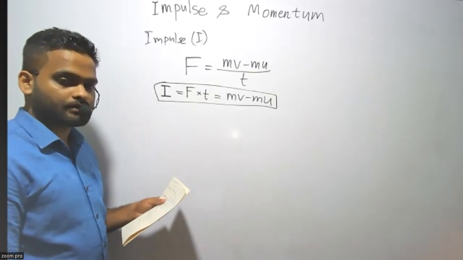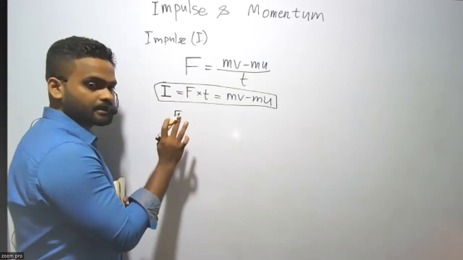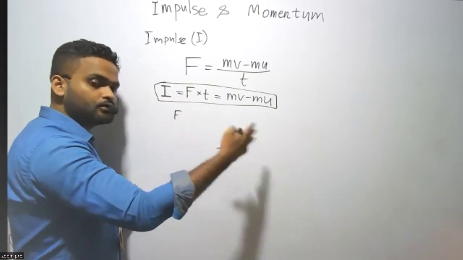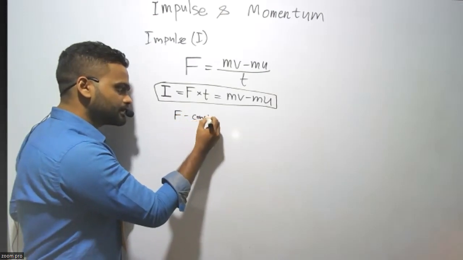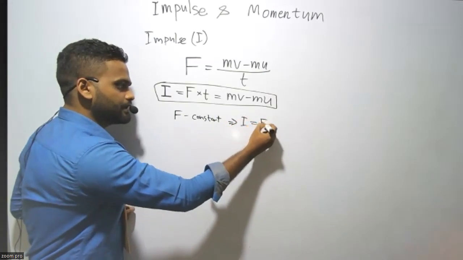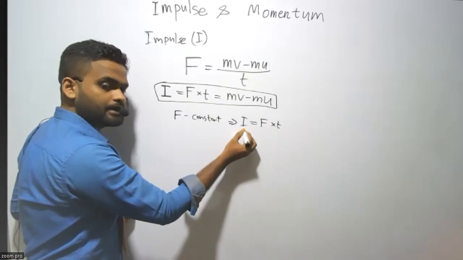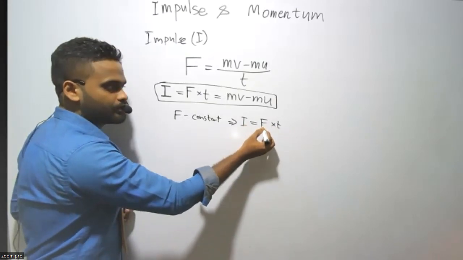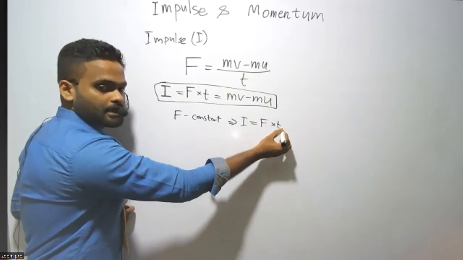Under that, there are 2 cases here. The questions are in 2 cases. If force is constant, you can use Ft. In order to find impulse, you can just multiply force by time.